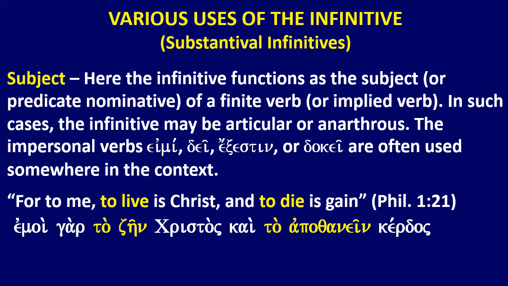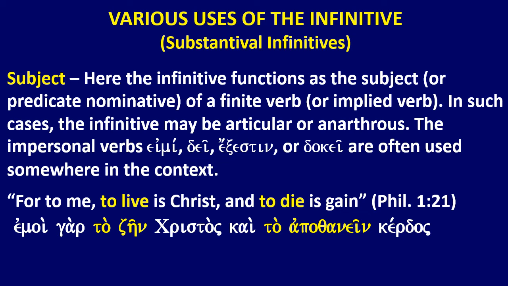To zen. Zen is the present active infinitive form of zao, a contract verb, by the way. And to die is to apothanein. And apothanein is the aorist active infinitive form of apothnesko, to die.